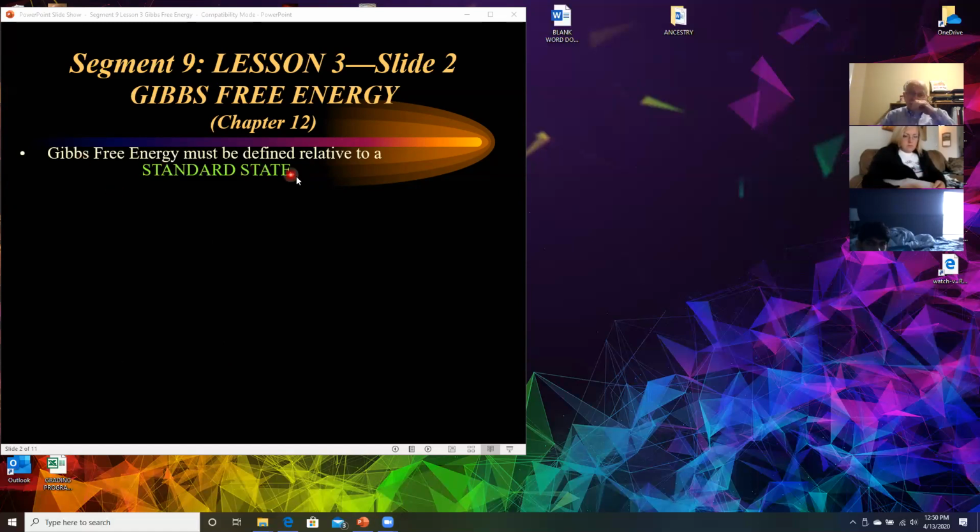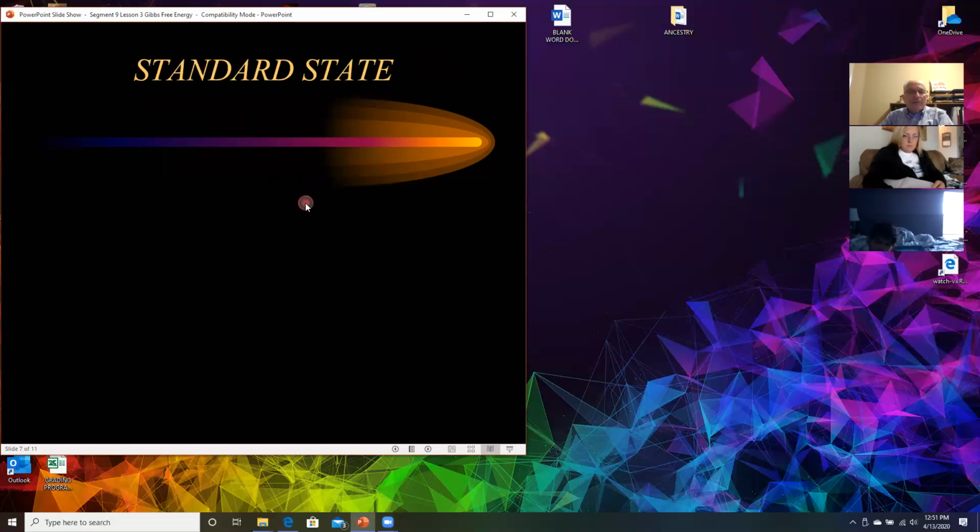The Gibbs free energy is defined relative to a standard state, just like we had for delta H. Now, if you had a true value for delta G, it seems to me that it has to reach 0 at some value. I have a concept mentally that that's got to be true.